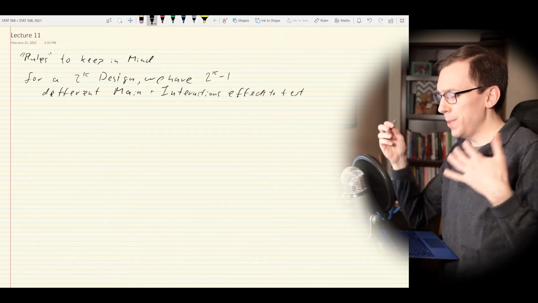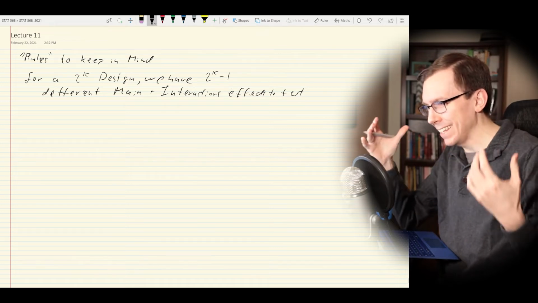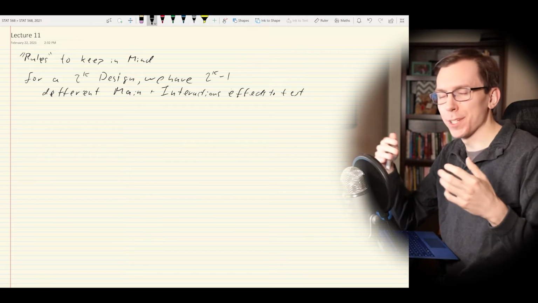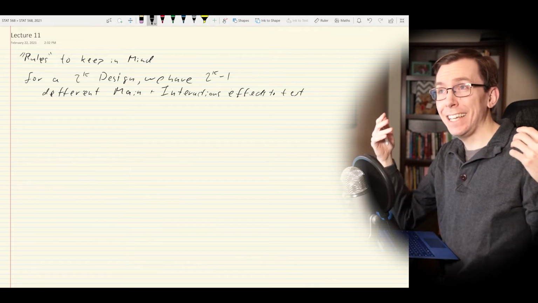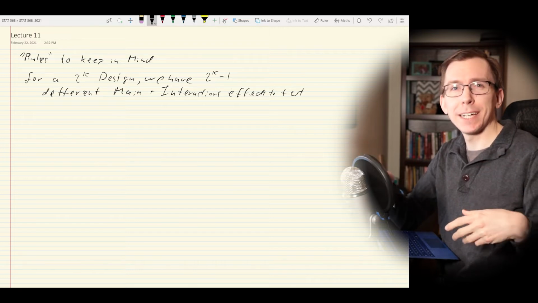So when we're doing this, what do we expect to see? In some sense, we could see anything, because I could simulate crazy data that can give me all sorts of strange results. But in practice, when working in the real world, there are some things that we would expect to see.